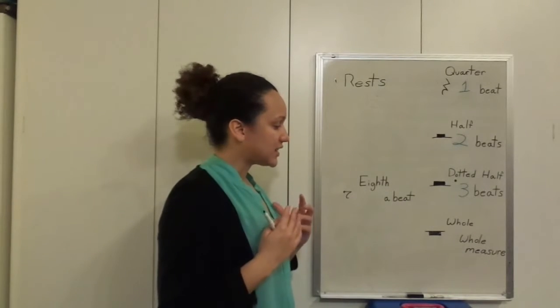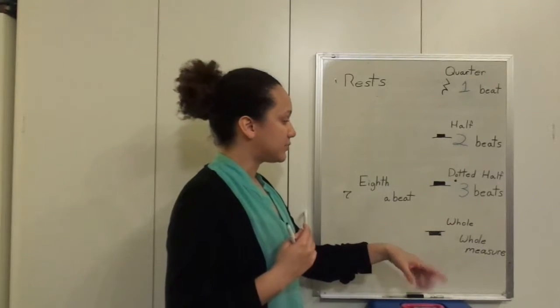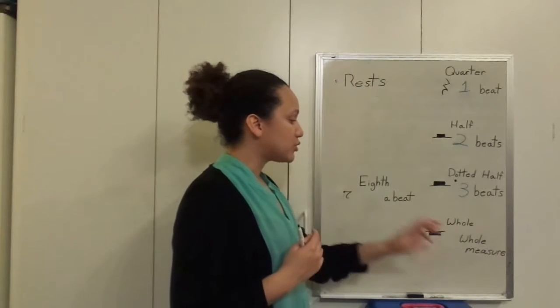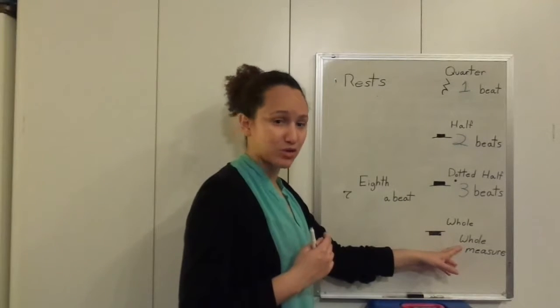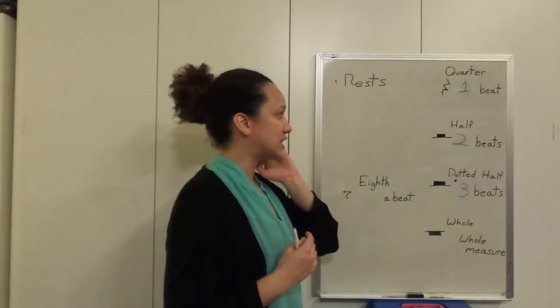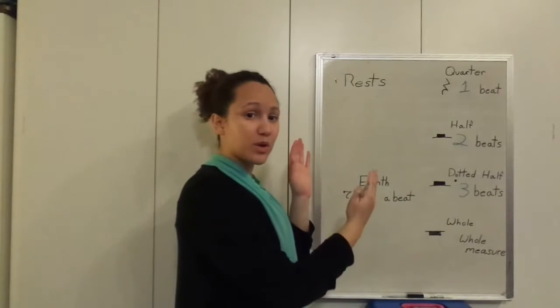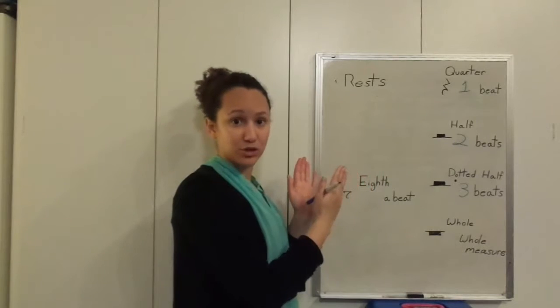So it's unlikely that you'll have, say, a whole rest for 4 beats and then another note. So usually the whole rest is for the entirety of the measure, even if the measure is 2 beats or 3 beats, it would be for the whole measure.